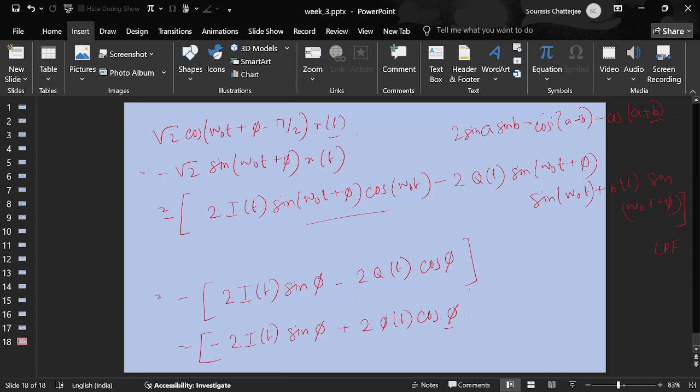And this entire thing should be multiplied with this j while combining.